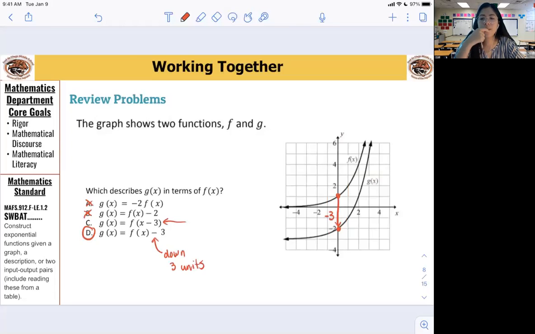C is not telling me to go down 3 units. Where is it telling me to go? Anyone remember? We've been over this before. We've learned it.